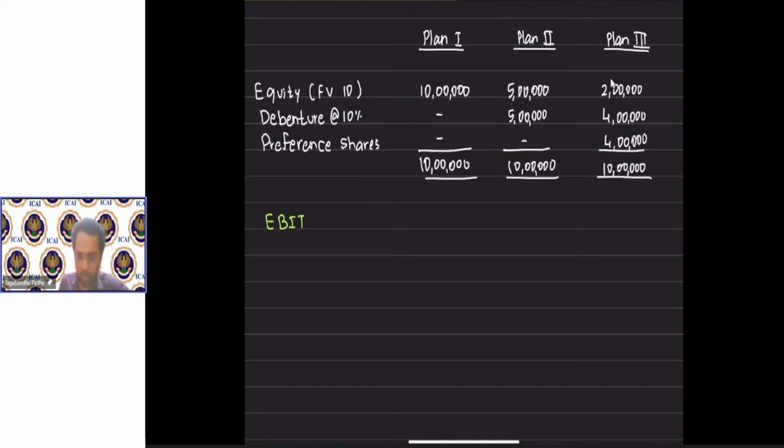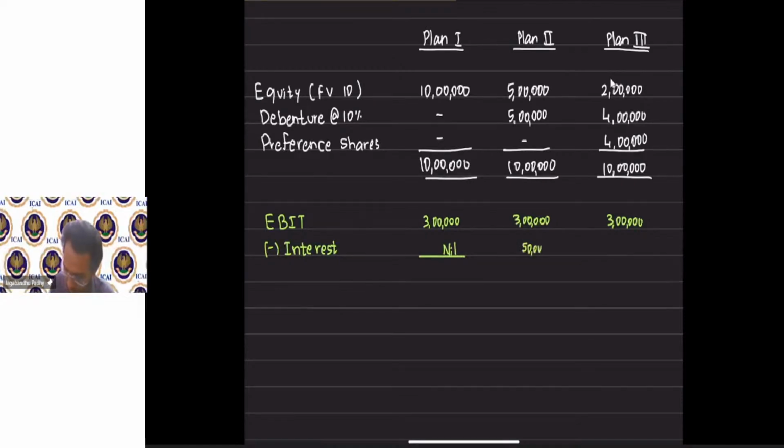So if you look at EBIT, we have 3 lakh in each case. From that, we'll subtract the interest, and that interest amount is of course going to be nil in the first plan, in the second plan it's 50,000, and in the third plan it's 40,000, right?